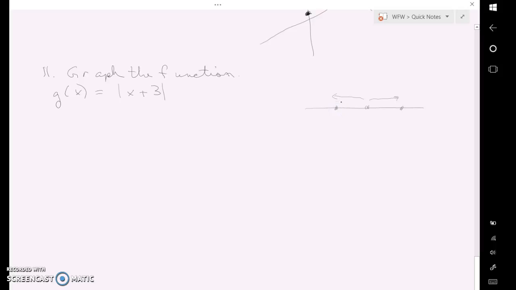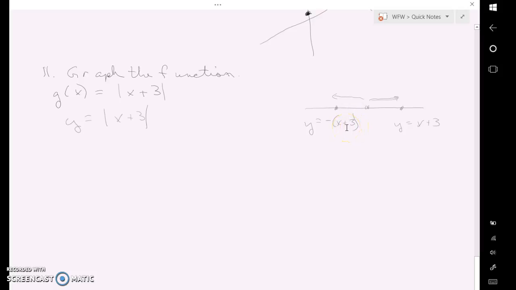So what you would say is, let's rewrite this as y equals x plus 3. So we would say either we go positive, y equals x plus 3, or we go negative, y equals negative of all of that.